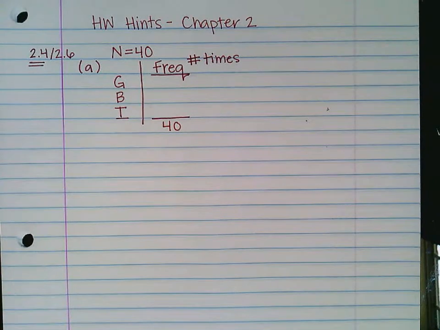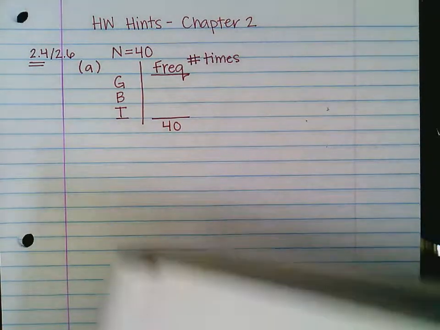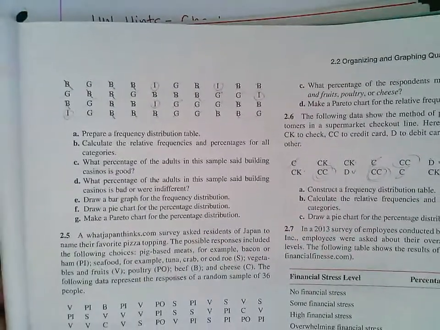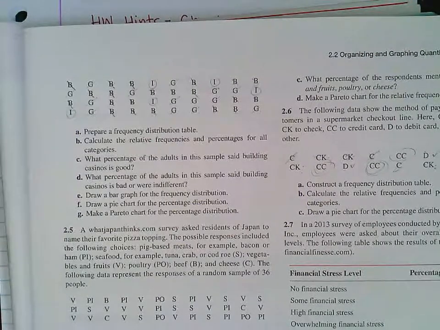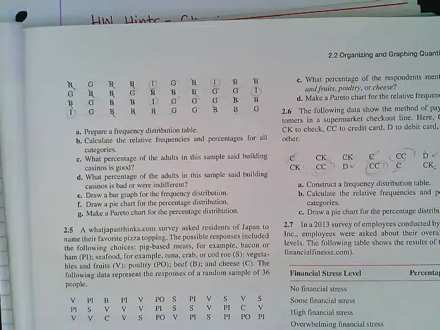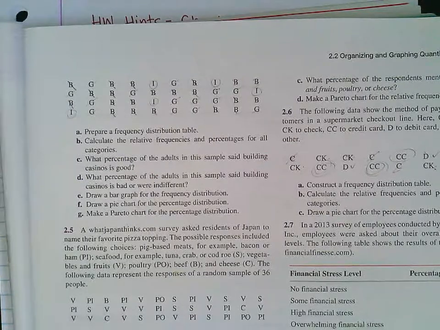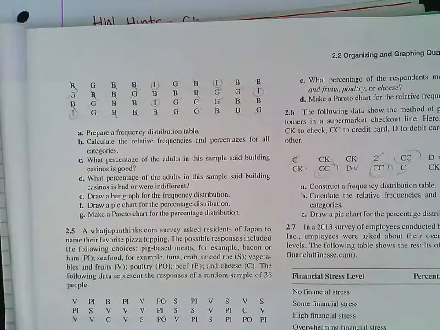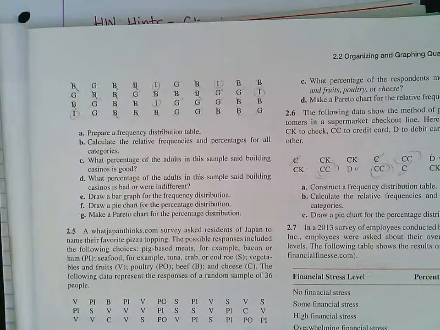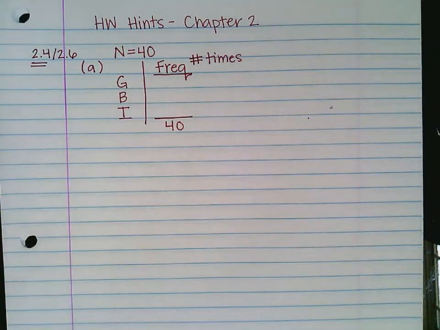And so I'm not going to go through the actual answer for part A, but one thing I do want to show you in the book with pencil is I went through and kind of counted all of the goods, all the G's, and then I went through and counted all of the B's using a different mark, and that was really helpful for me to create that frequency distribution table.